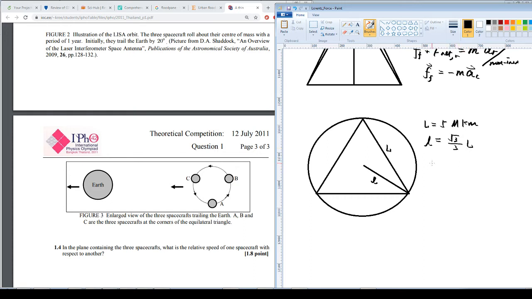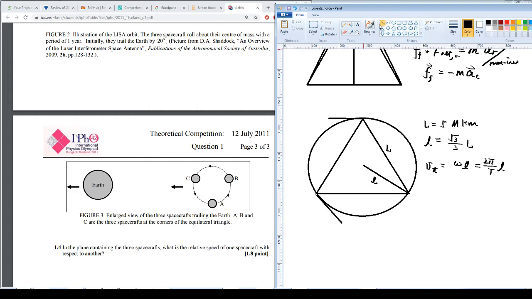And the tangential speed is omega small l, which is 2 pi over the period times small l. And then we need to find the relative speed, which needs a bit of geometry.